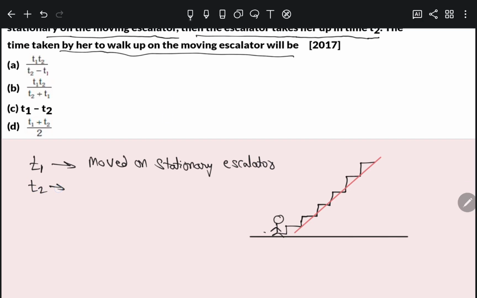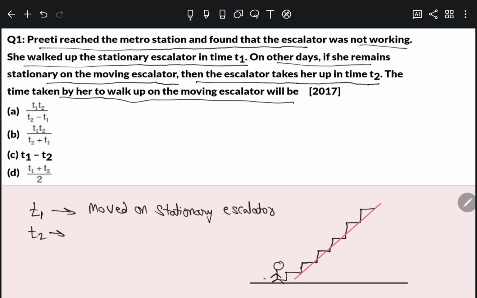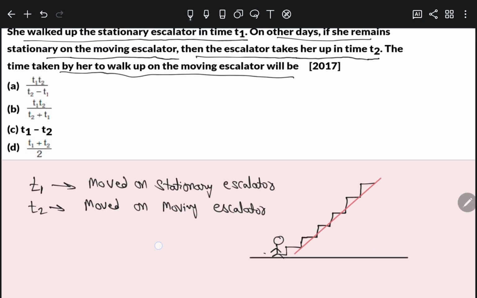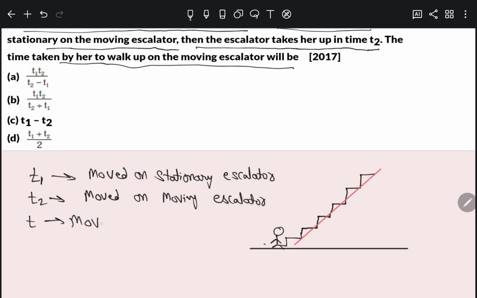T2 is the time when she stays on the moving escalator, and t is the time when Preeti moves on the moving escalator.